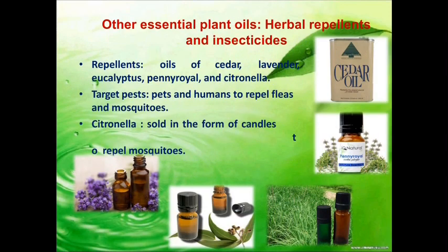The next are some of the other essential plant oils or herbal repellents and insecticides. In that, oils of cedar, lavender, eucalyptus, or citronella are some of the oils used as repellents. They are effective against different pests and repel fleas and mosquitoes also. Citronella oil is also sold in the market in the form of candles.